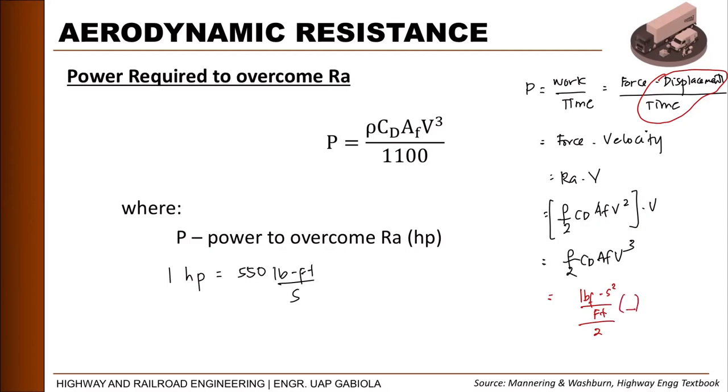Si CD is unitless, so wala yon. Si AF is feet square. Si velocity ngayon is, since naka-cube yun, feet cube over second cube. Okay? So, looking at this value, magka-cancel out yung tatlo. So, we have velocity, AF, feet per second cube.